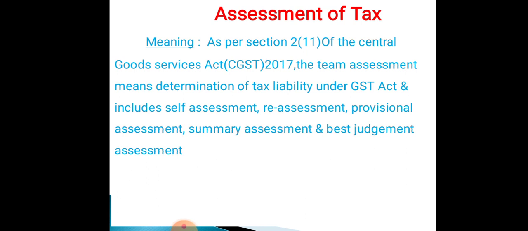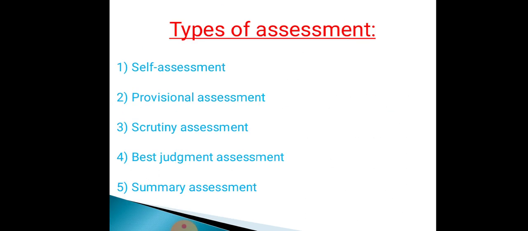Tax assessment is the job of determining the value, and sometimes the use, of property, usually to calculate a property tax. This is usually done by an office called the assessor or tax assessor. Five types of assessment: self-assessment, provisional assessment, scrutiny assessment, best judgment assessment, summary assessment.